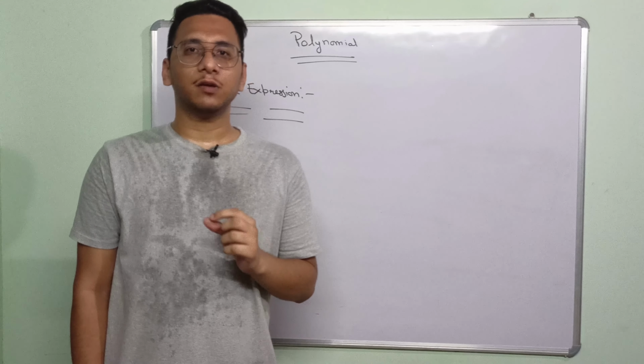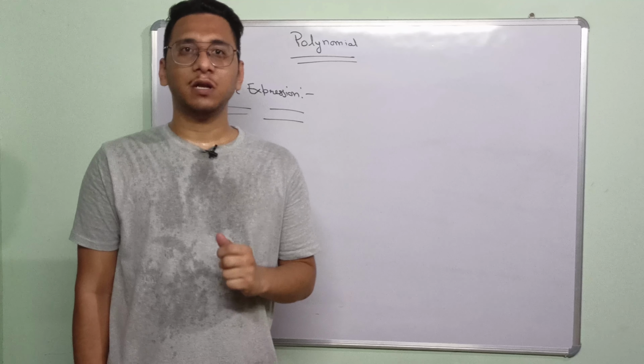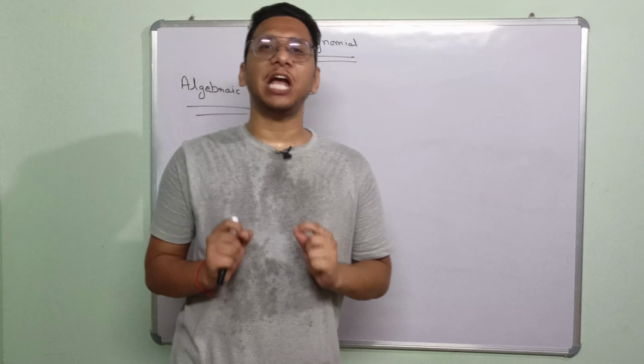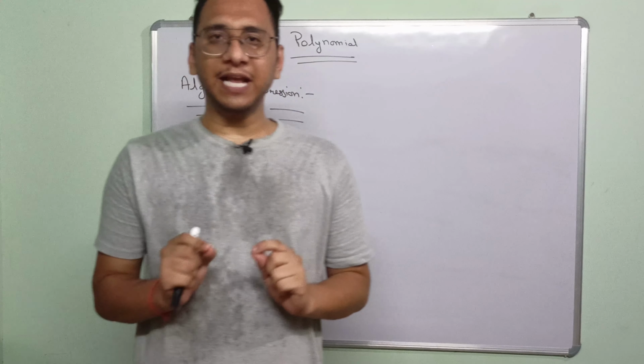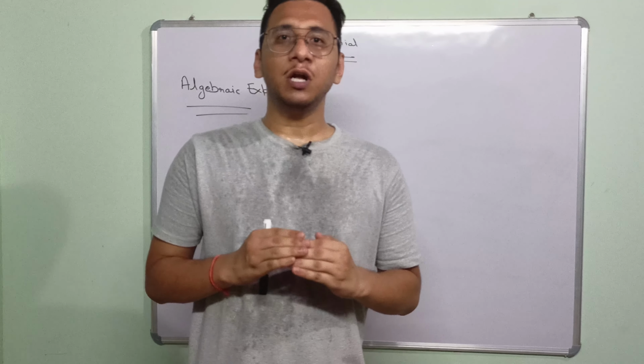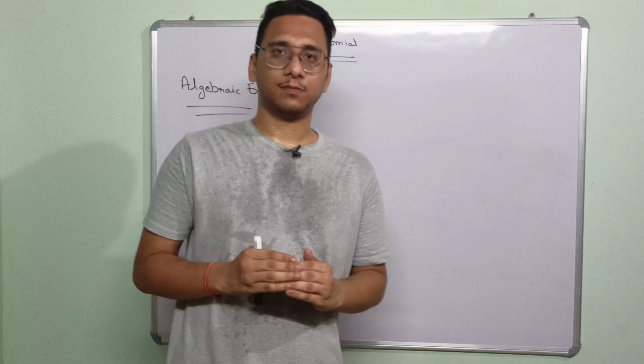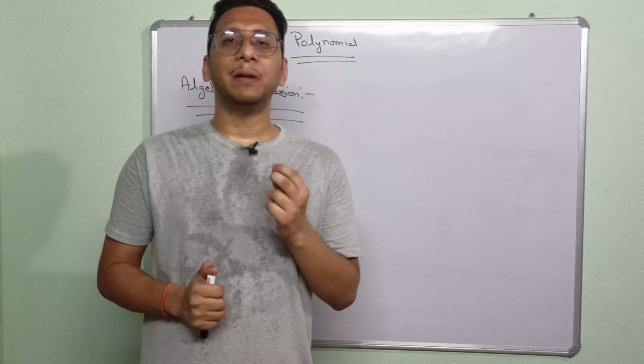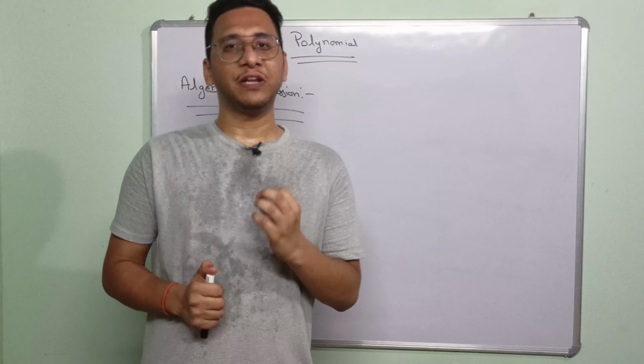Before understanding the definition of polynomial, we should understand what is algebraic expression. Algebraic expression is an expression in which we have used algebraic operations such as addition, multiplication, subtraction, division.